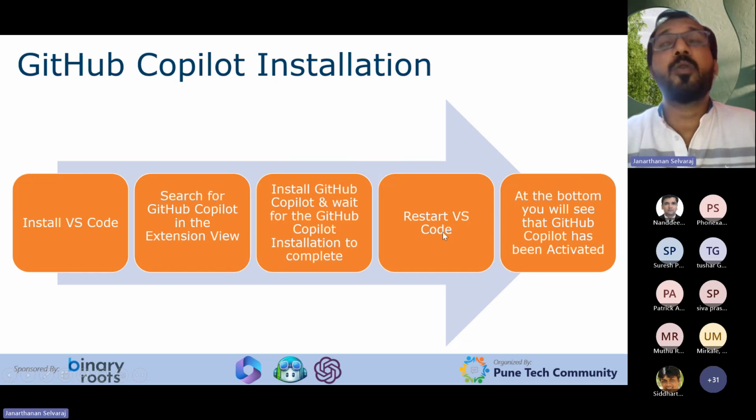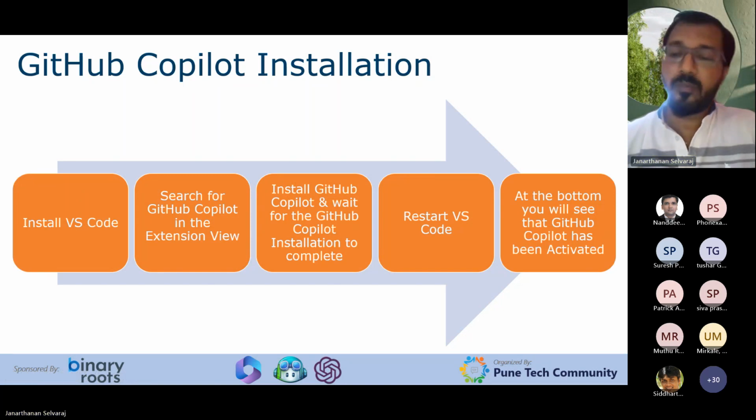Once that is done, at the bottom of the screen in your Visual Studio Code, you will be able to see the GitHub Copilot icon, showing whether GitHub Copilot is activated or not. Those are the installation procedures you have to follow if you want GitHub Copilot in your Visual Studio Code.